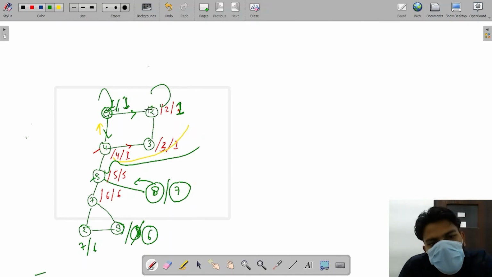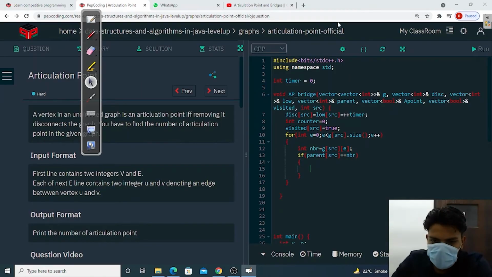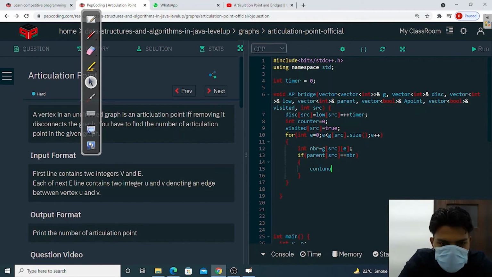Since 0 is our parent, we have to ignore this path. So we will continue at this stage.